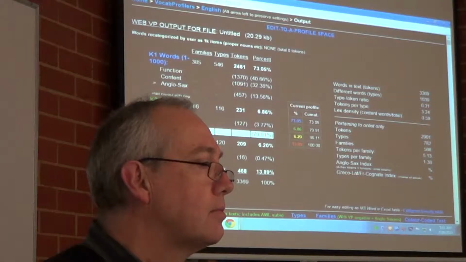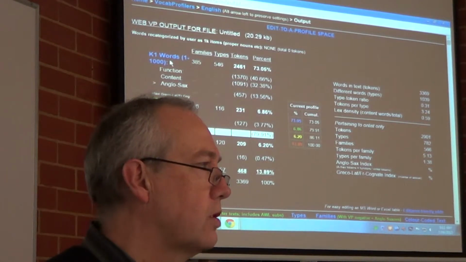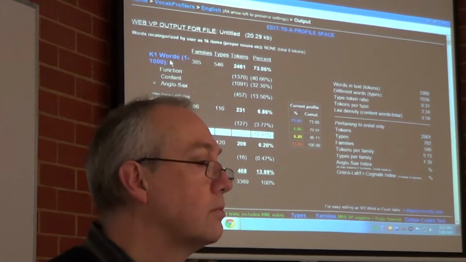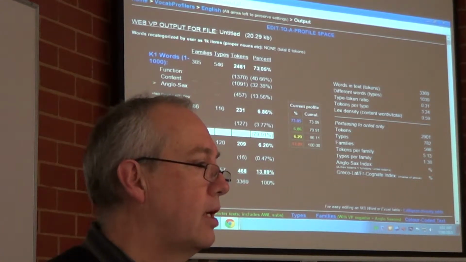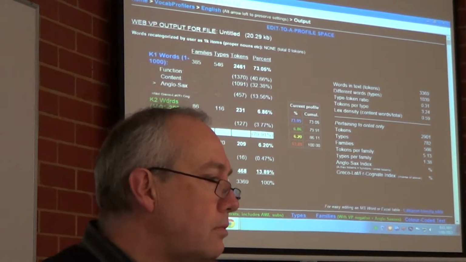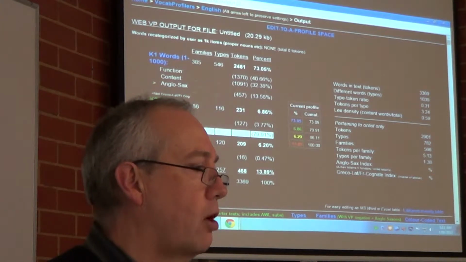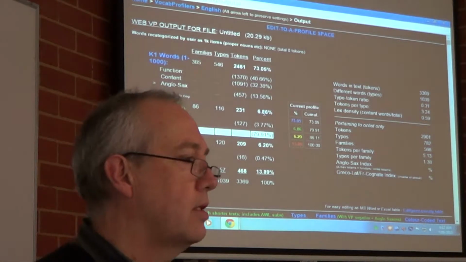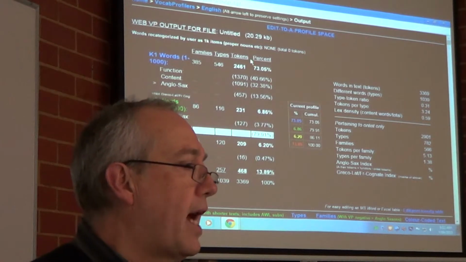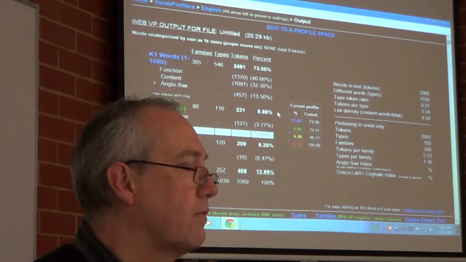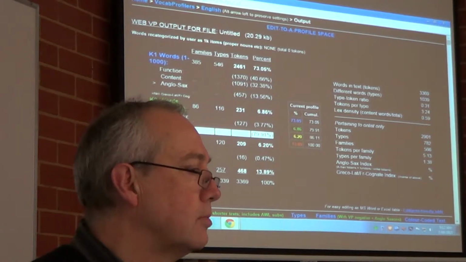Okay, so we see that 73% of the words in this text are the first 1,000 words of English. Not actually that high, usually it's a bit higher. Second 1,000, see how much it drops off, that's pretty normal. Roughly, I'll just round these figures off, 7%. So we're up to 80% of the text, the first 2,000 words of English.